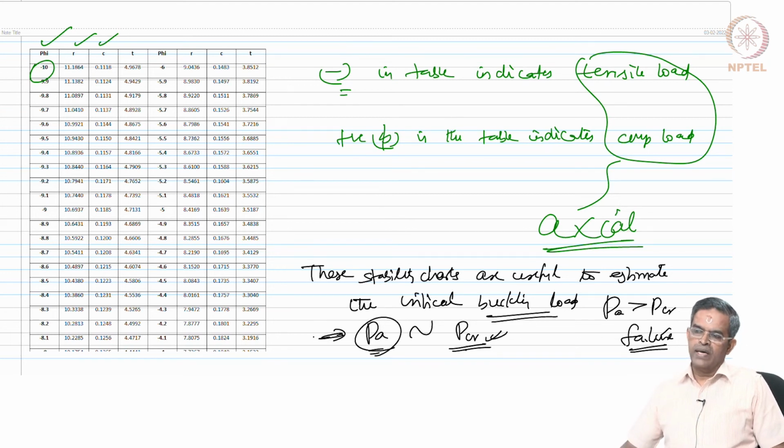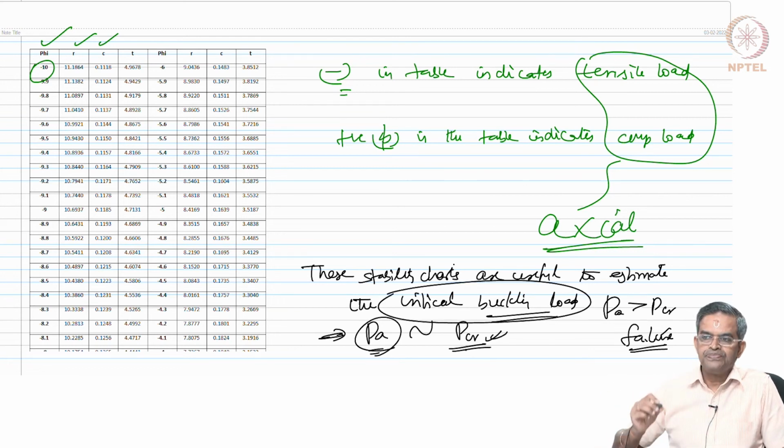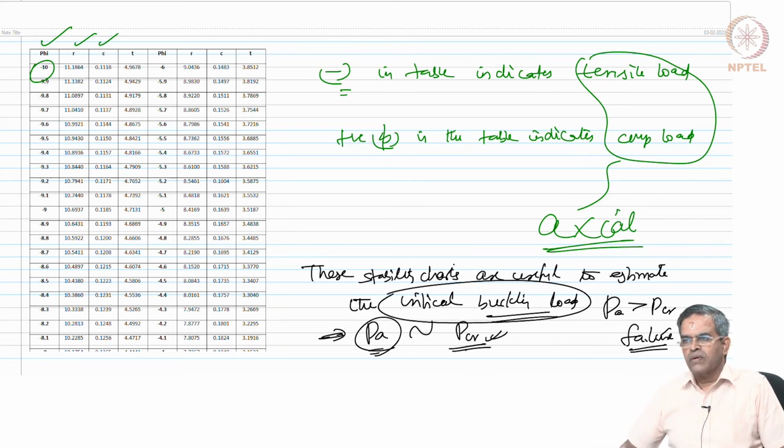We can now compare and identify whether the structure will have a destabilized mode under this PA. So, remember, stability charts will not give you PA. PA is a known input. Stability charts will help you to calculate critical buckling load. So, we have done that.